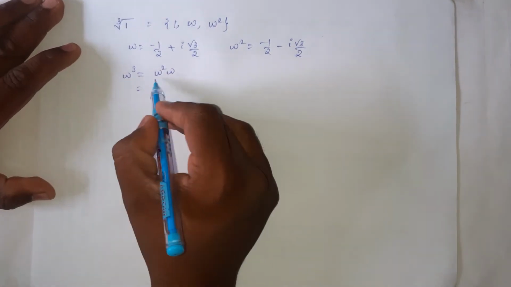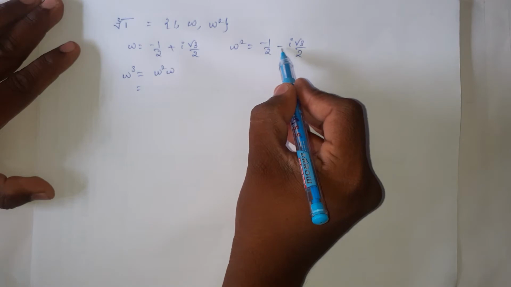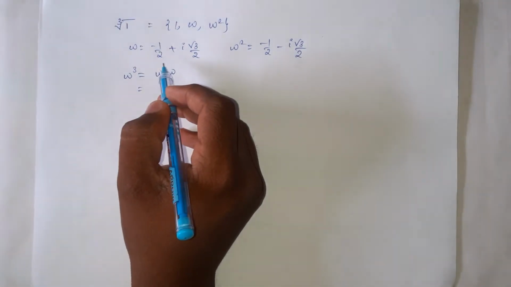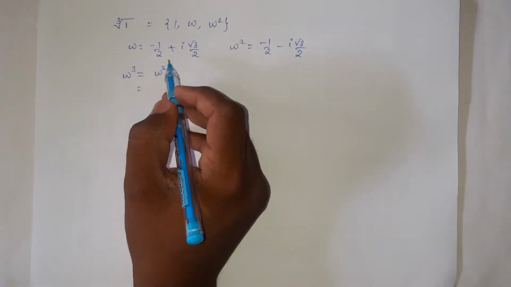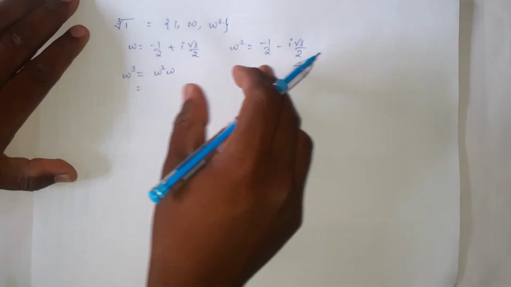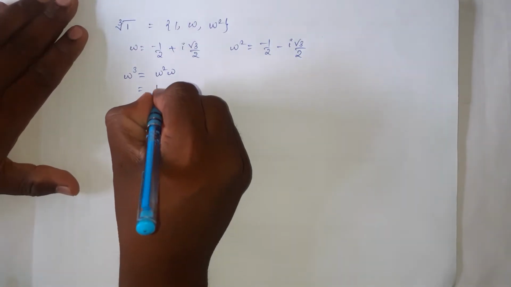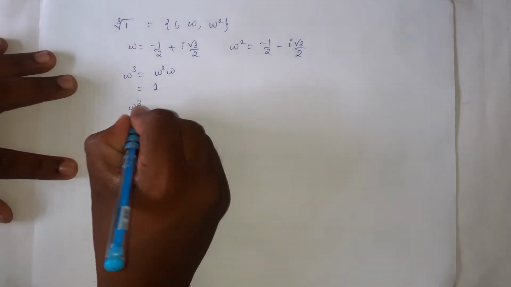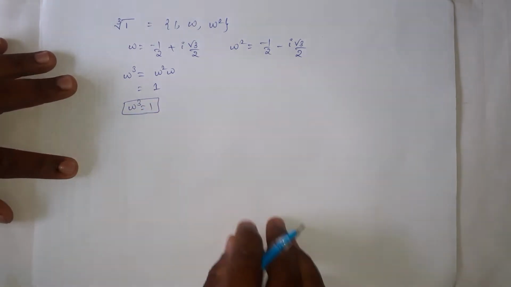We know that omega square equals minus 1 by 2 minus i root 3 by 2, and omega is minus 1 by 2 plus i root 3 by 2. Therefore if you multiply these two numbers, after simplification we get omega cube as plus 1. So omega cube is equal to plus 1.